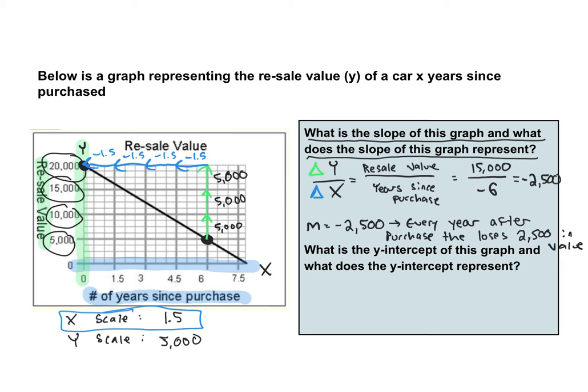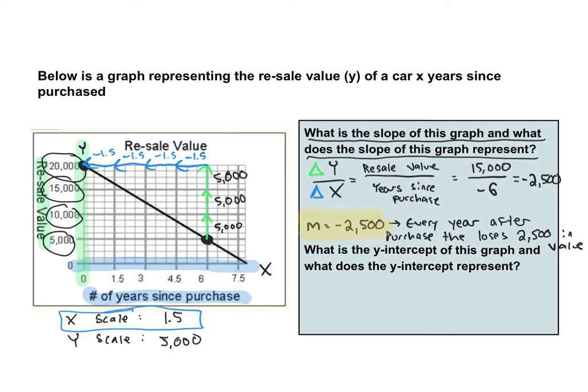Every year after purchase, the car loses $2,500 in value. That is what our slope means. I am going to just highlight where we wrote our m here, though, because we're going to need that for our equation. So our m is -2,500.